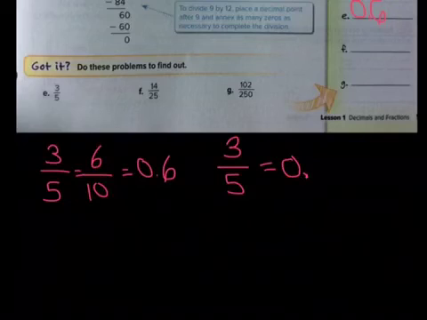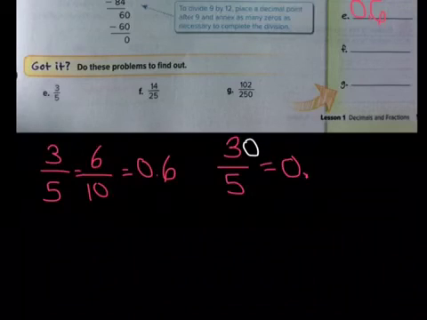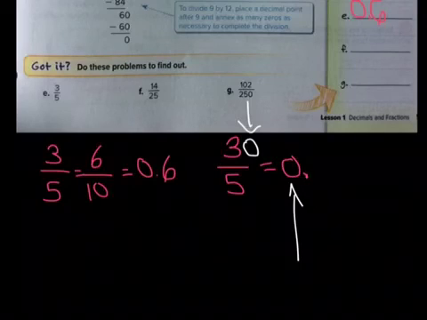So go ahead and do that. But then you can go ahead and make this the number 30. Since you added a 0 there to make it a decimal, go ahead and put a 0 right there. And now just simply divide. What is 30 divided by 5? 6. There you go. That's another way to do it.